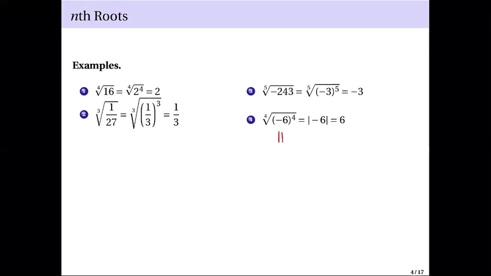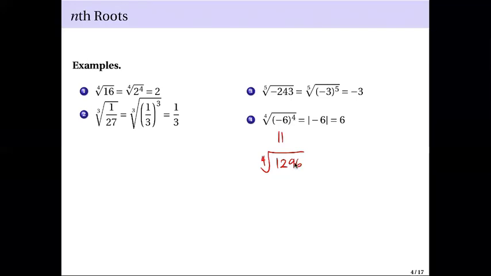So this here is the fourth root of 1,296. Even though you see a negative here, this whole negative 6 is being raised to 4. So when you raise negative 6 to the power 4, you get a positive 1,296. So it's still a positive number.